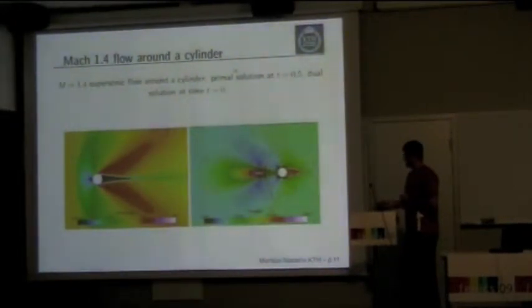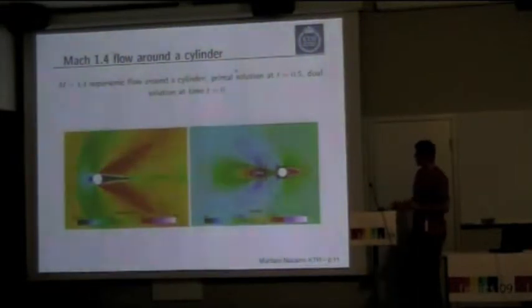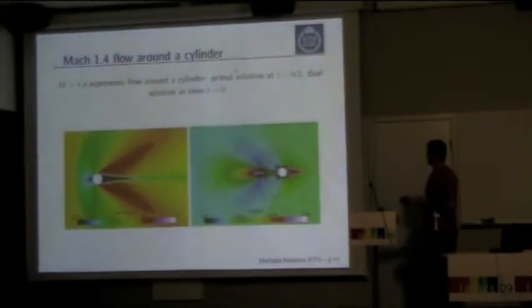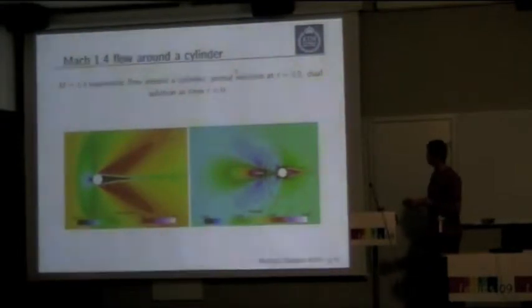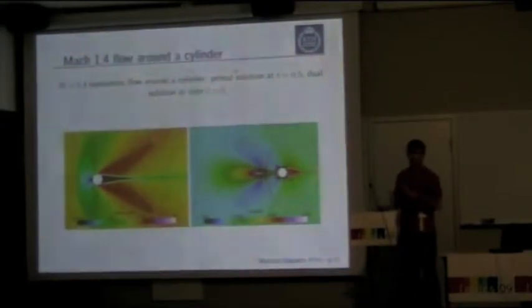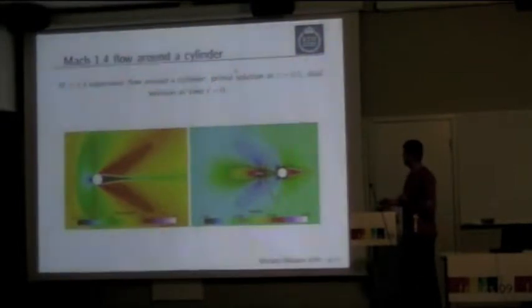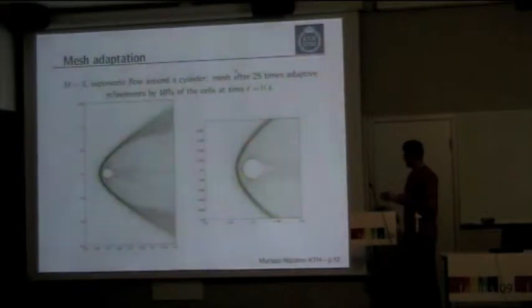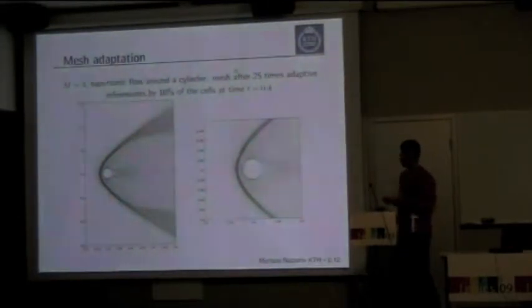Okay, so from the primal solution, the residual is really high along the sonic contour, the sonic line, because of this sharp jump in the shock. So this one is residual based adaptivity. It is another Mach number, but it will look almost the same.